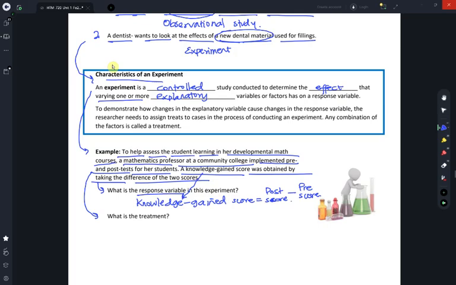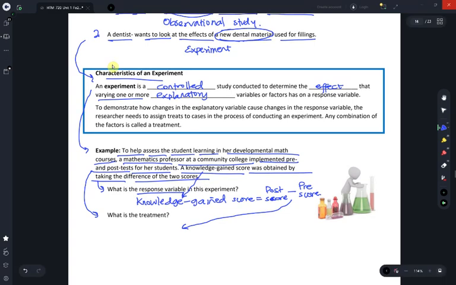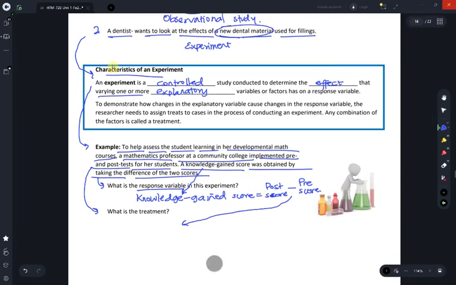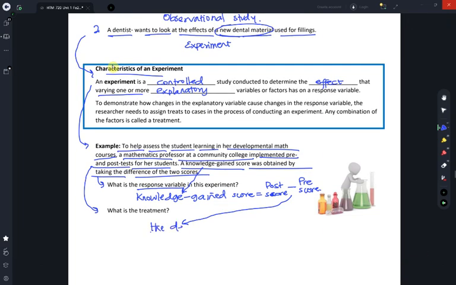And the values collected here are meant to respond to the knowledge provided in the developmental math course. So this would be the treatment. Students were exposed to the condition of the developmental math course, so it is hoped that the knowledge gain score will respond to this exposure.